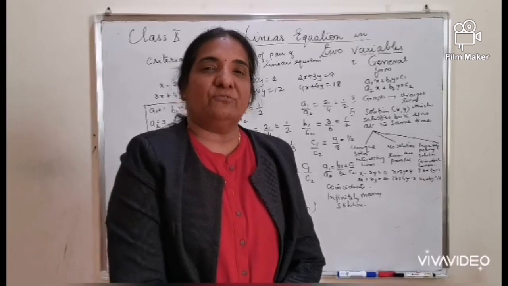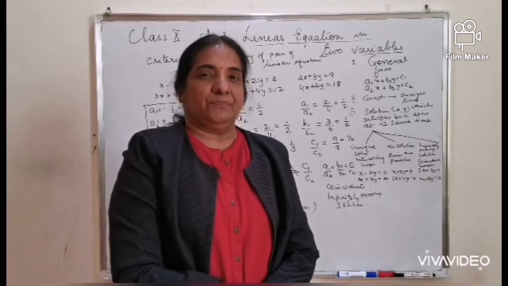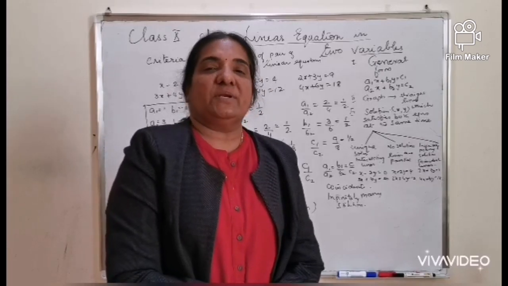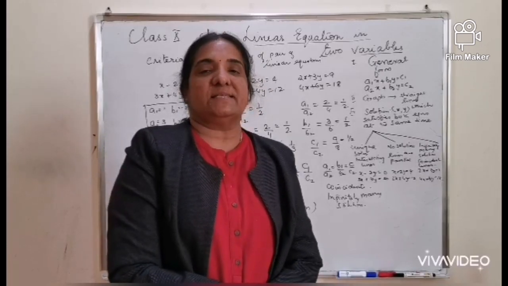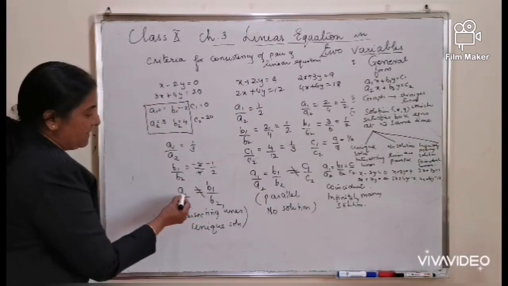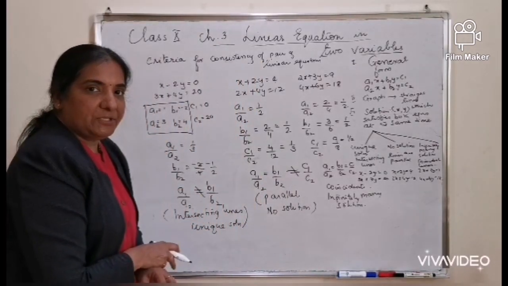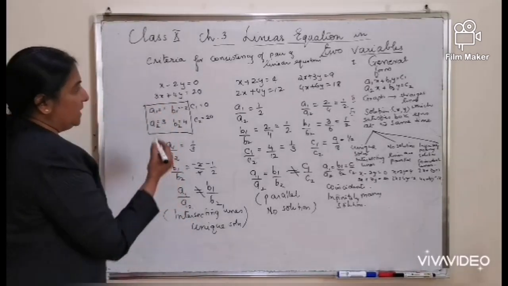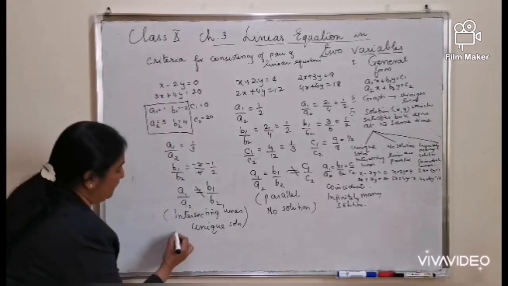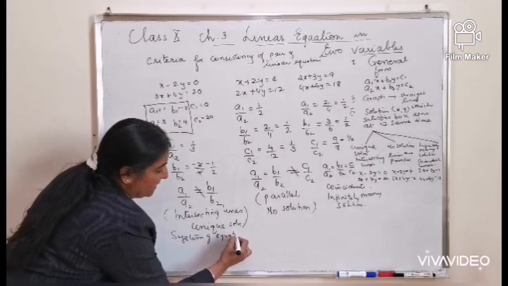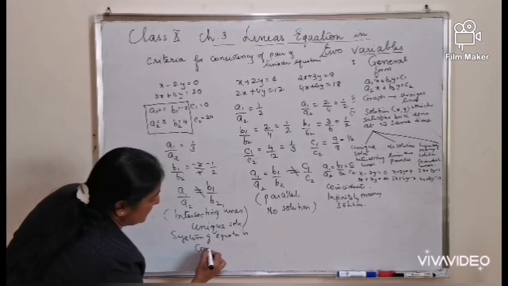And what is the meaning of the word consistency? If there is a solution, the equations are said to be consistent. So, when a1 by a2 is not equal to b1 by b2, the equations have a unique solution. Thus, we say the system of equations is consistent.